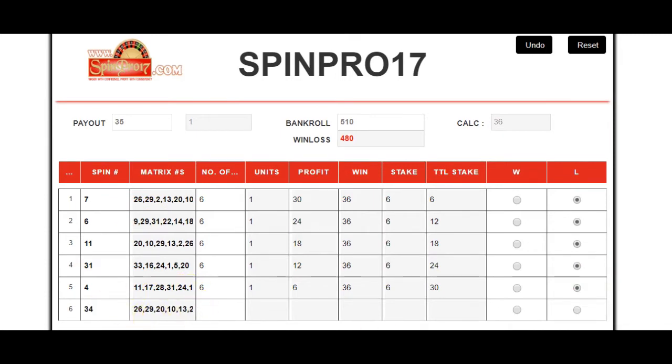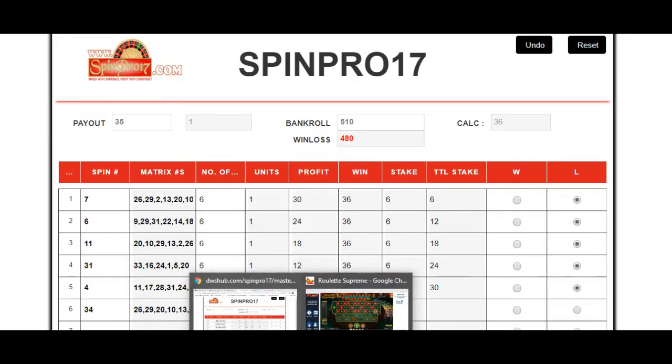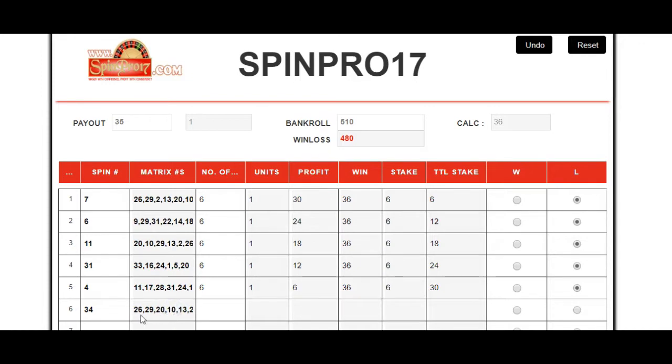You got 26, 29, 10 again. If you notice something, and I'd like to point this out, you see here it says 26, 29, 20, 10, 13, and 2. Ironically, these 3 happen to have had those same sequences, but they're not equivalent to these numbers. This is why I'm telling you, they can and they will change on you.